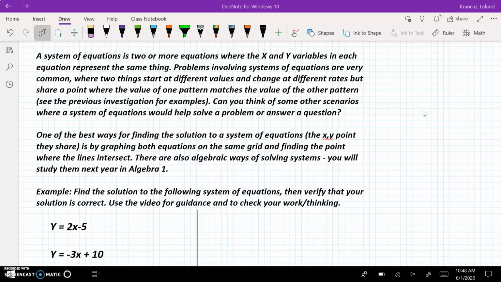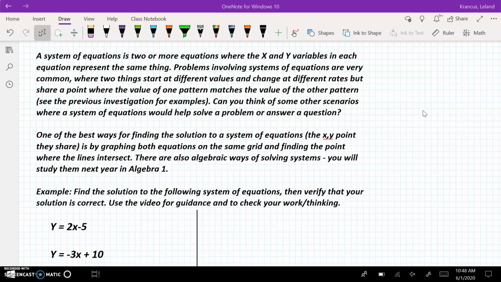So a couple examples of scenarios where systems of equations would help you solve a problem. Anything involving saving or spending money. So you've got different savings plans or different spending patterns, and you're trying to figure out at what amount of time the two patterns would share the same value.